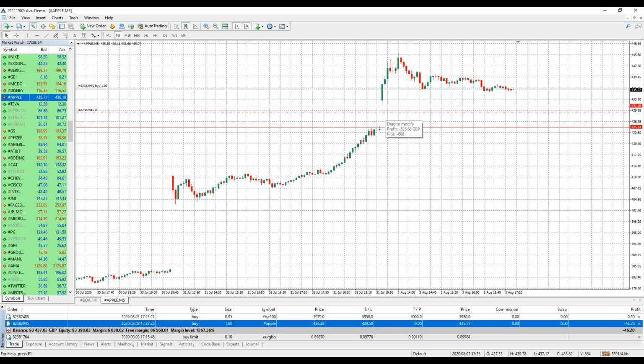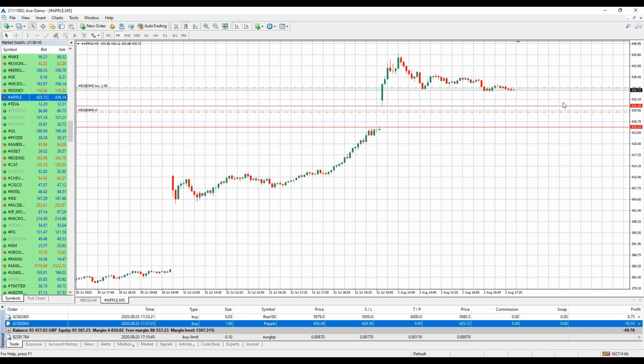Now I give up. Now you might say, well, I don't like that entry point. I would rather enter from right above that support line, right above where it opened today, because that could be where it's trying to retrace back to. Many times that happens. So, you know, you take a trade size, and because I have a large demo balance here, one lot is not a big deal for trade size. And so I might then also say if it retraces back to this support level, I'll re-enter at a better price.